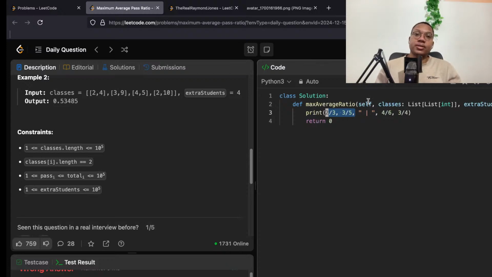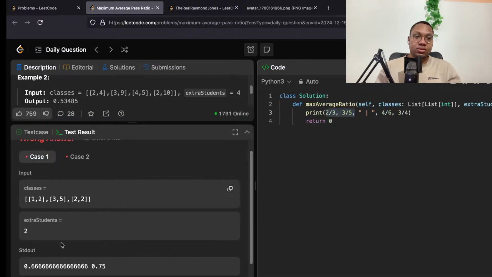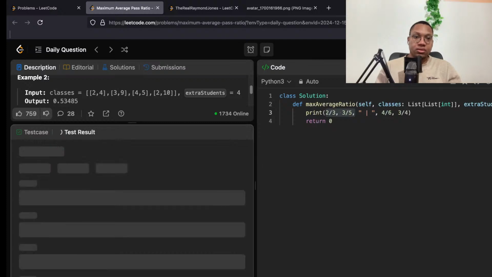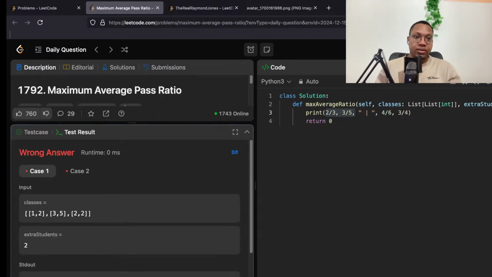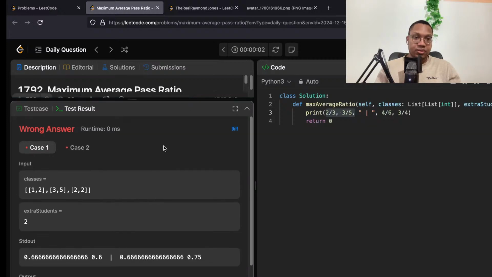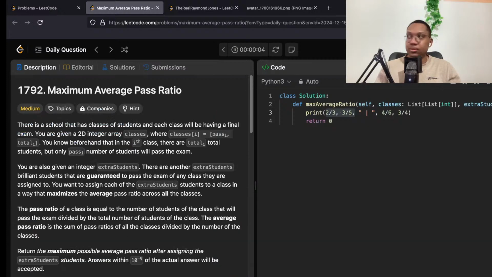Because in this case, this one is smaller, but we don't want to allocate it to this one because this one becomes like a 0.66. Oh boy. Almost there, actually. This idea is kind of close.